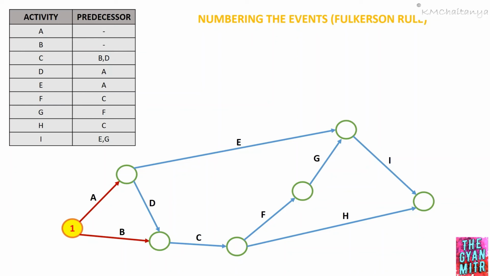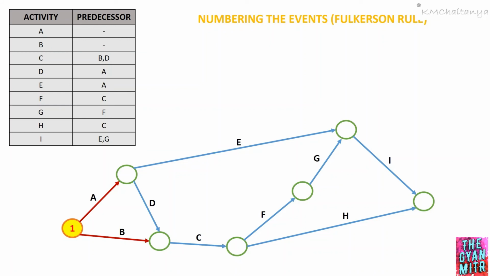From the network, you can clearly see the event after activity A has been completely traced. That is, there is only one incoming activity for the event after activity A, whereas for the event after activity B, there are two incoming activities, that is activity B and activity D, and activity D is still not traced.